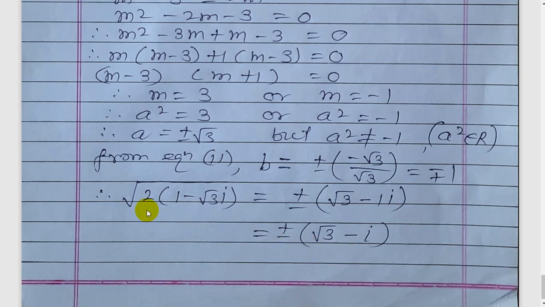So the square root of 2 into (1 minus root 3i) is plus minus (root 3 minus i). They can ask this question like 2 minus 2 root 3i also, or 2 minus 2 into square root of minus 3. So they can change the question, they can twist it, and they can use other values also.